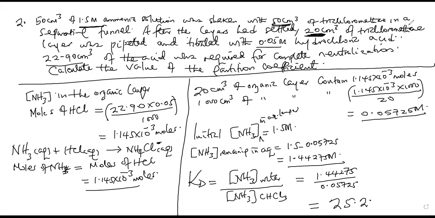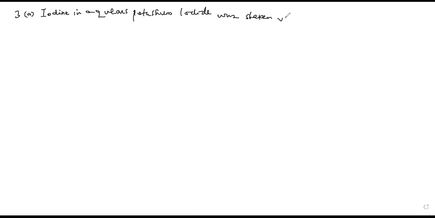And my fine example is a bit lengthy. It is number 3, and part A is: iodine in aqueous potassium iodide was shaken vigorously with an equal volume of tetrachloromethane. 1.